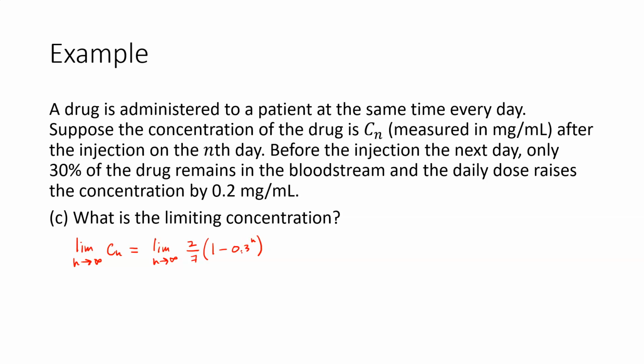And as n goes to infinity, 0.3 to the n will go to 0. And so this will just be equal to 2 over 7 times 1 minus 0, so 2 over 7. So after many days of applying the drug, you'll have a consistent concentration of 2 over 7 in the bloodstream.